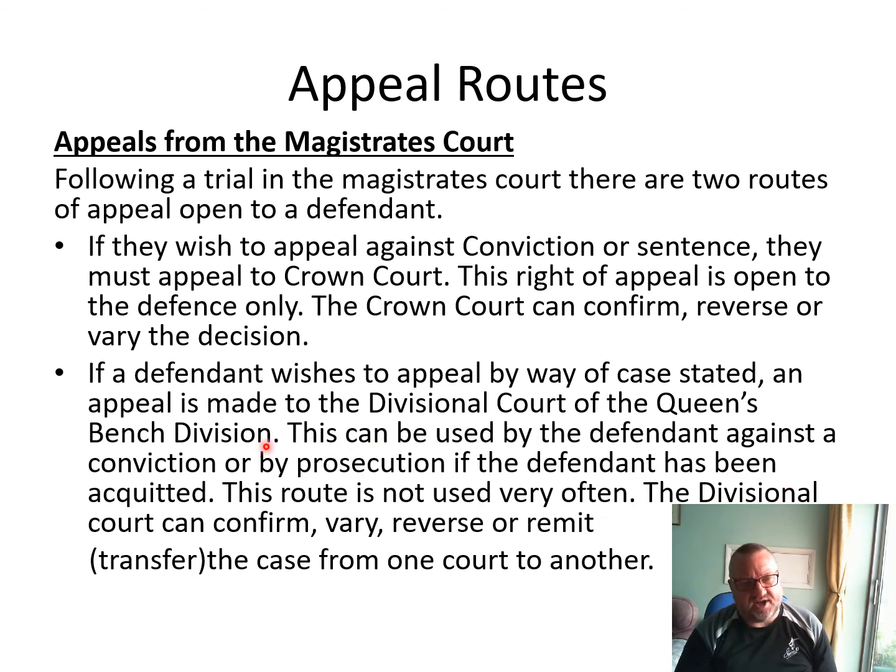And just to translate what is some quite difficult legal language, what we're saying here is if the prosecution aren't happy with the decision the magistrates have made, so they may think the magistrates have been too lenient or they should have been convicted, their route that they must make is to go up. Okay, so the prosecution can move up to the divisional court. So if you go back and look at the diagram, you can see that route there.